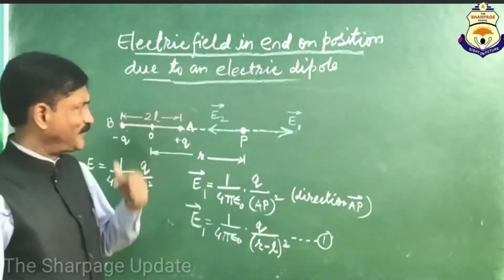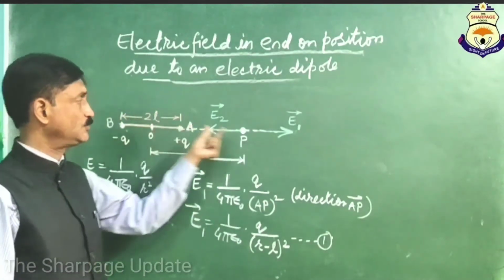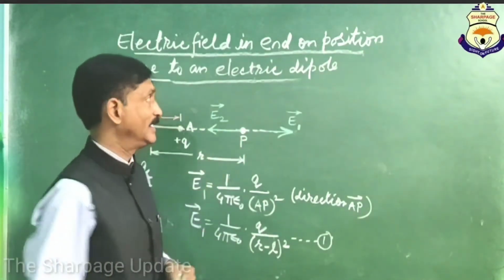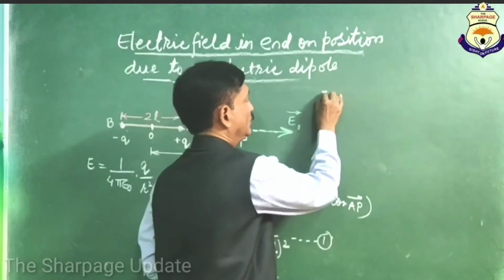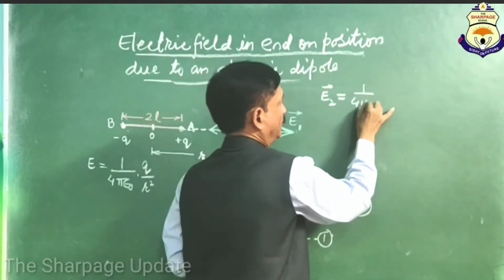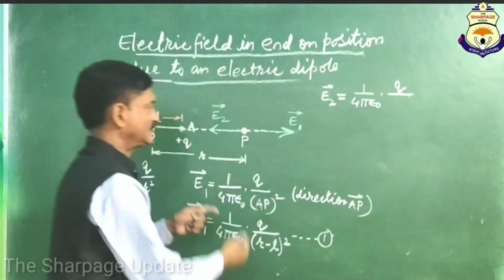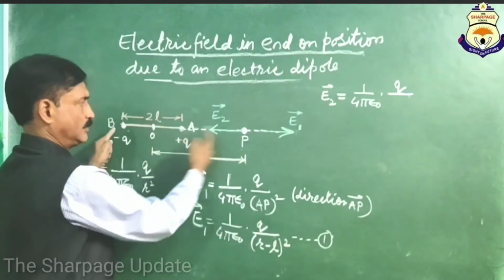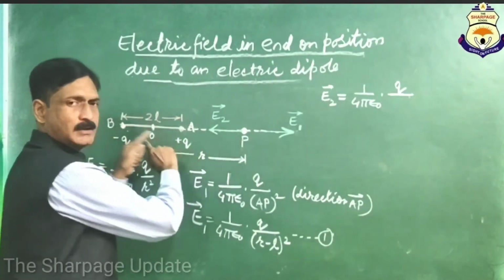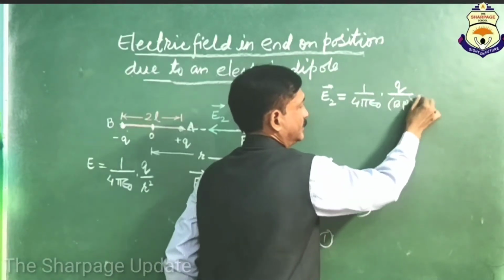Now, the electric field intensity E2, which is due to the charge minus Q at point P, is E2 equal to 1 upon 4 pi epsilon 0 into Q upon the distance between P and minus Q, which is BP. So here Q upon BP square.